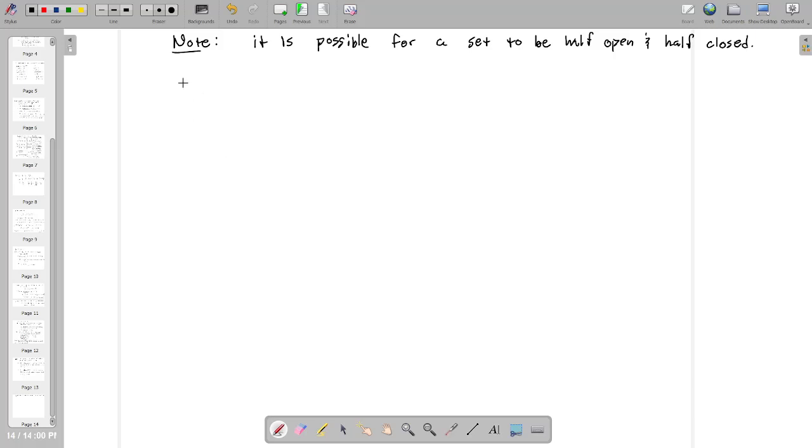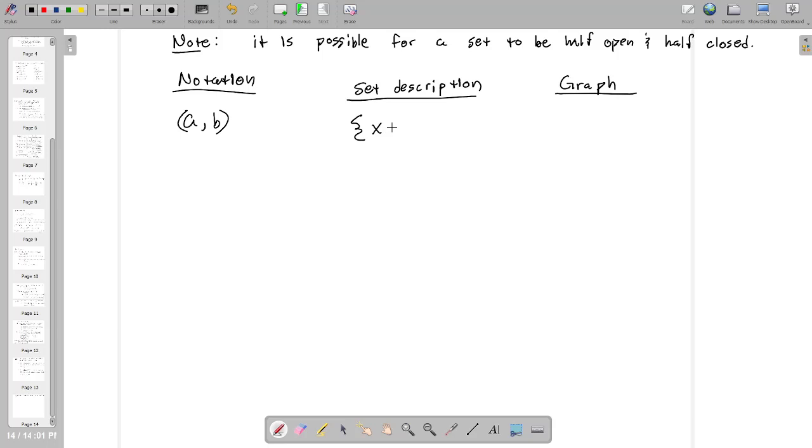Let's list all of the sets, with notation. The open interval (A, B) would be the set of X such that X is strictly greater than A and strictly less than B. And we graph these on a number line.